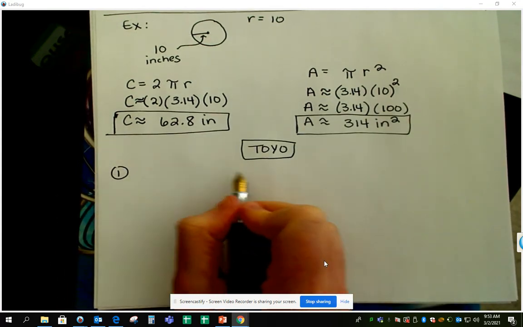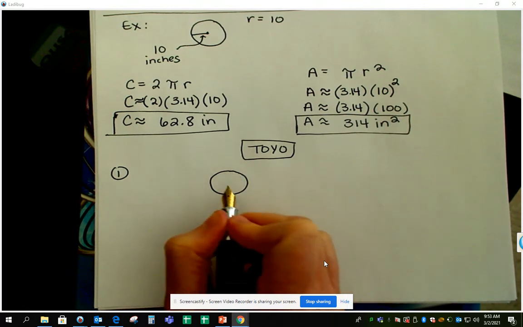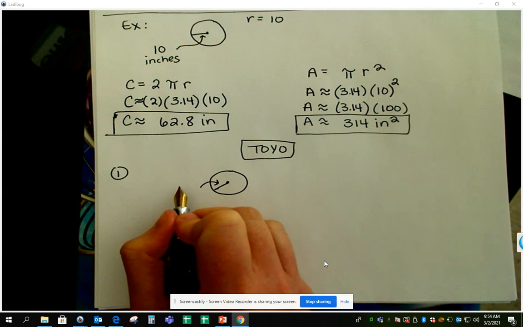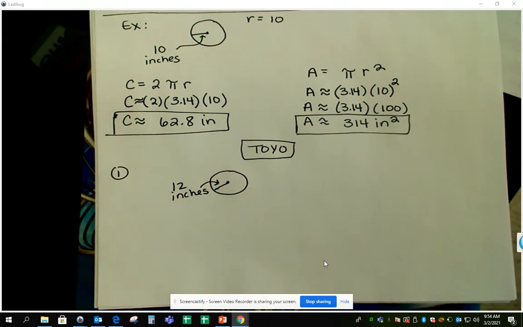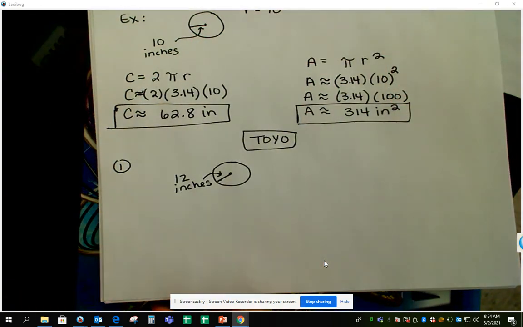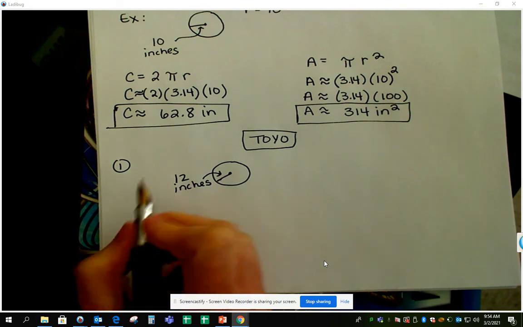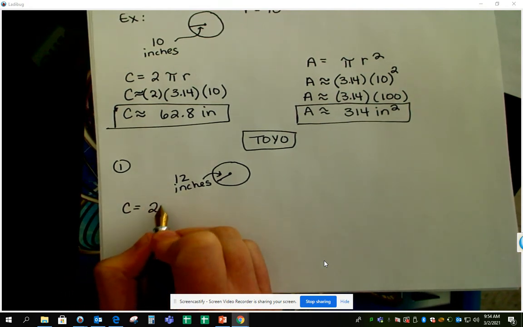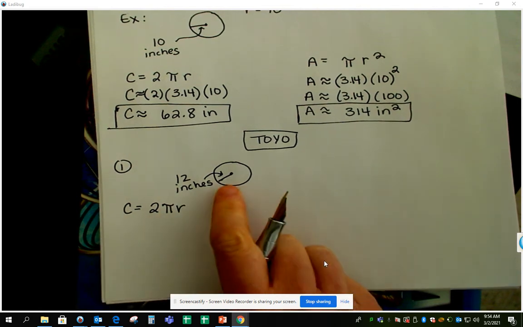Okay, here our circle goes from the center to the side, and this length is 12 inches. Okay, so pause the video here and use the top one as an example, or follow along as I solve it. So again, I'm going to use 2 pi r because I've been given the radius.